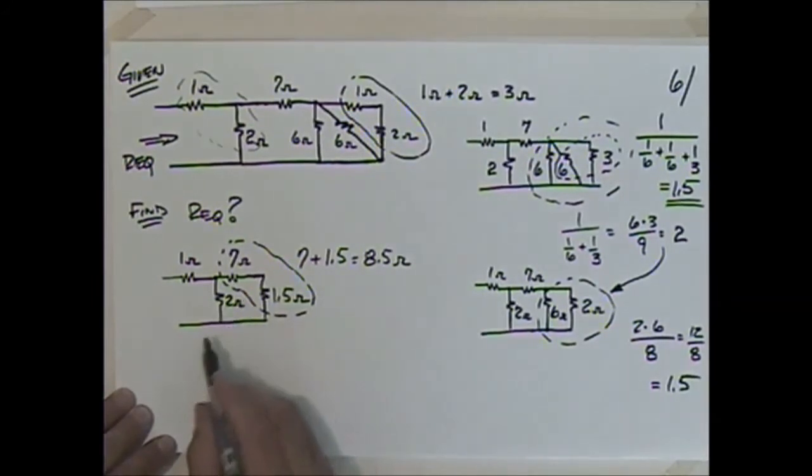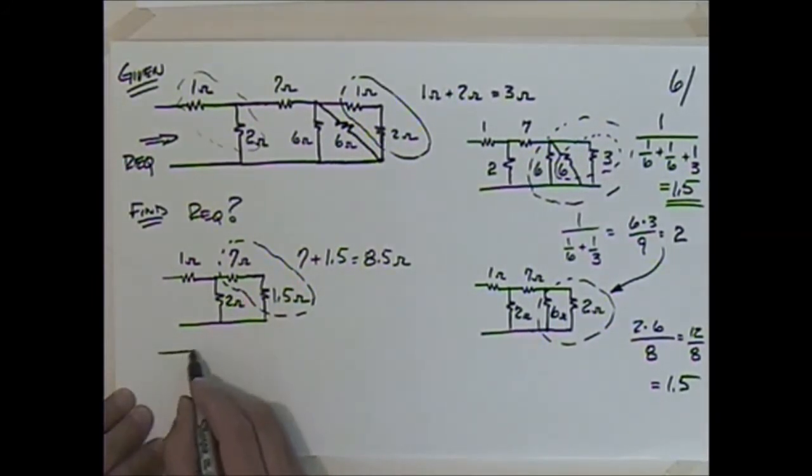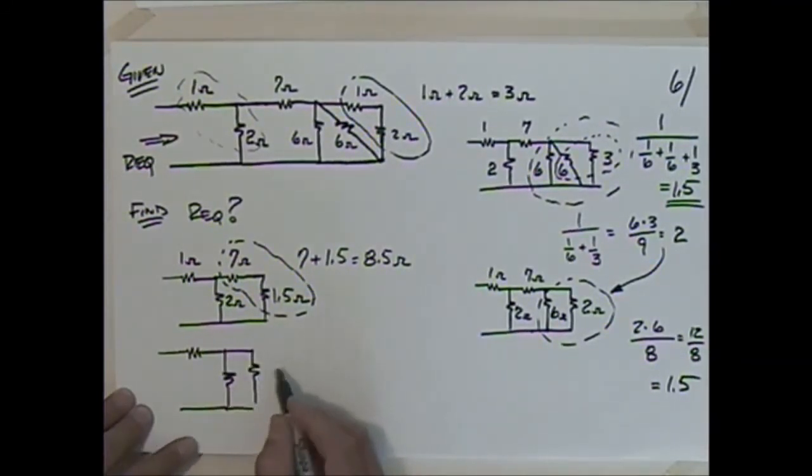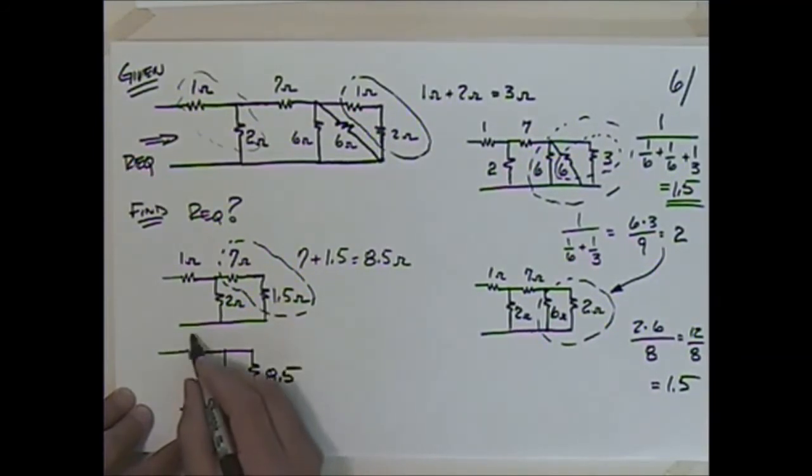So now I have 8.5 in parallel with 2, so let's redraw that. So this is 8.5, this is 2, and you have 1.